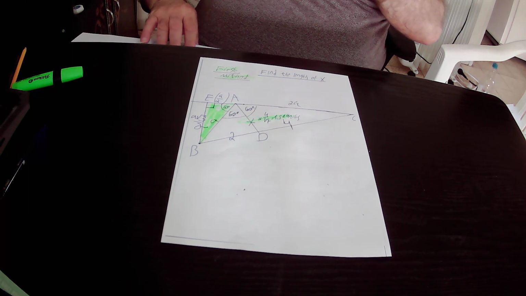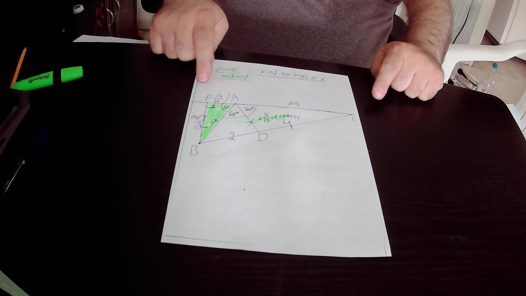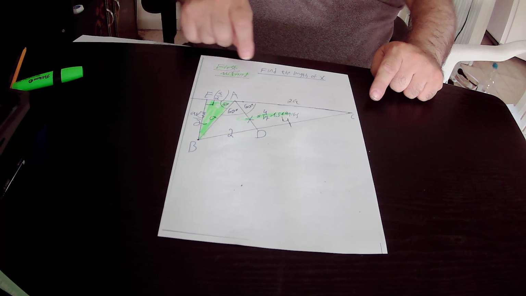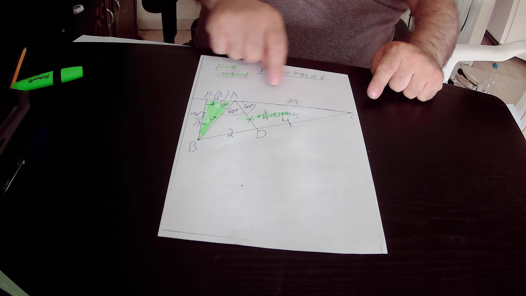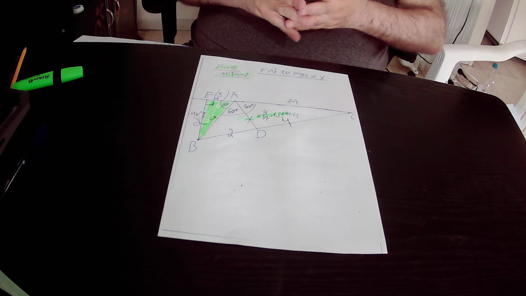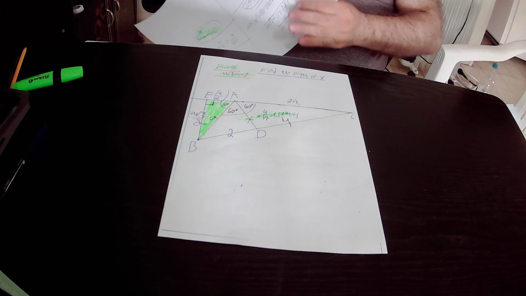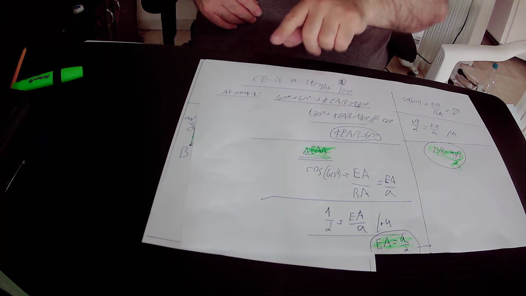Line segment CE was created by the extension of the straight line CA. And when you extend a straight line by a straight line, the result must be a straight line. So therefore CE is a straight line.